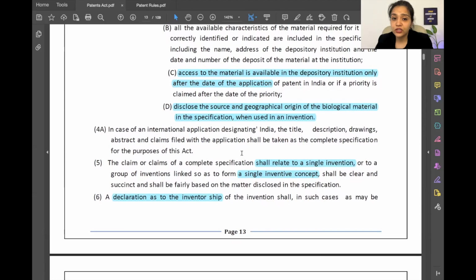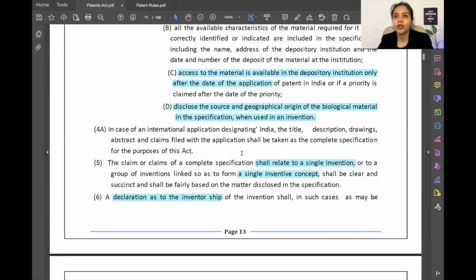Then it should disclose source and geographical origin of the biological material in the specification when used in an invention. So we need to disclose source and geographical origin of biological material.